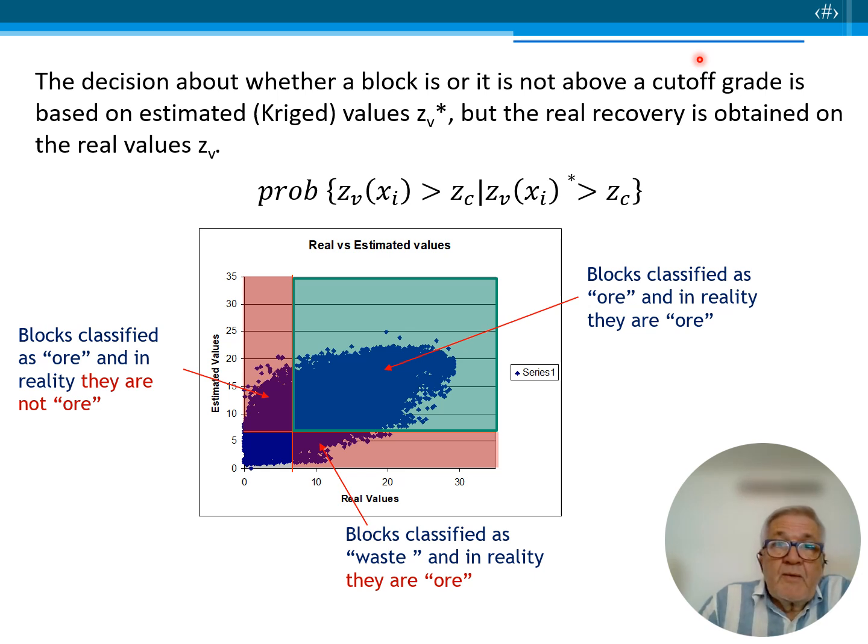What we wish to calculate here is this conditional probability of the real values to be greater than a cutoff grade, given that the estimated block value is greater than a cutoff grade. So in fact, we can see the blocks classified as ore that in reality are not ore, the blocks classified as waste that in reality are not waste, and so on. And those blocks here, you are dealing with the lower cutoff. Okay? Blocks classified as ore, and in reality they are ore. These are correctly estimated, this cloud here.